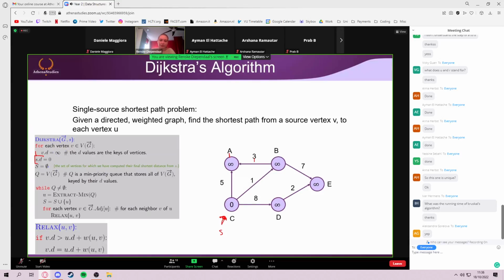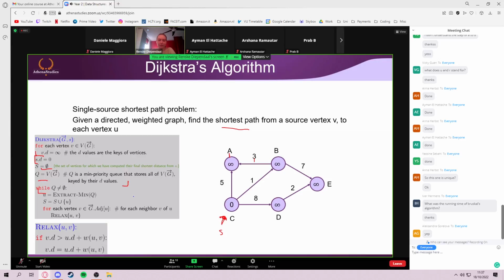This is going to be the set of vertices for which we have computed their final shortest distance, so that's the shortest path from the source vertex to that vertex. And we start a minimal priority queue that stores all of this. All of these values are stored in the queue that we created, and we need to make this empty. So we need to go through every node, basically.